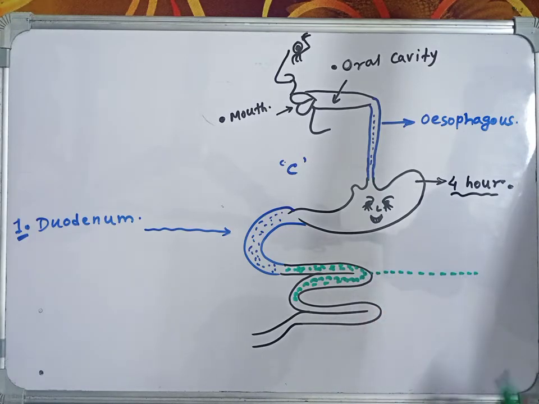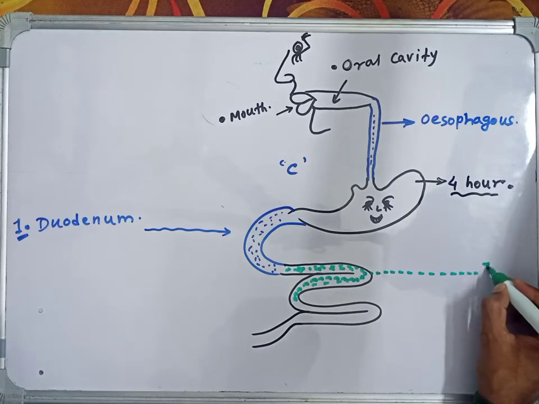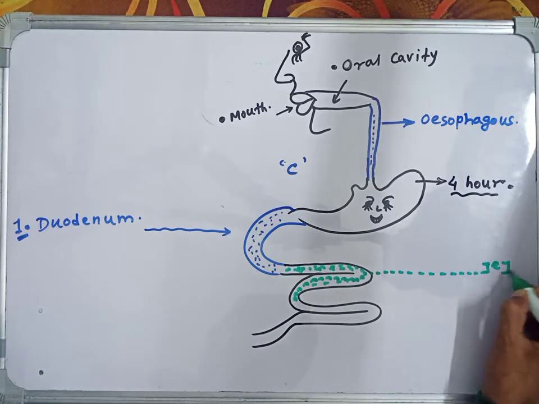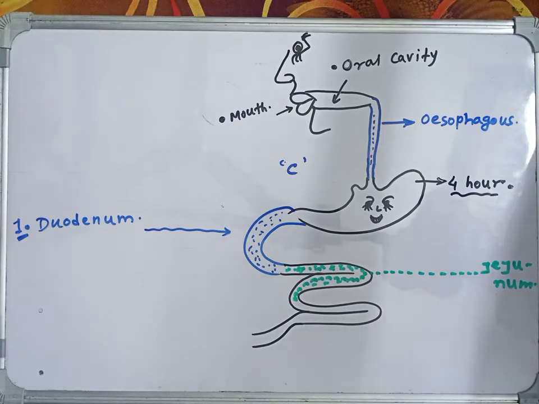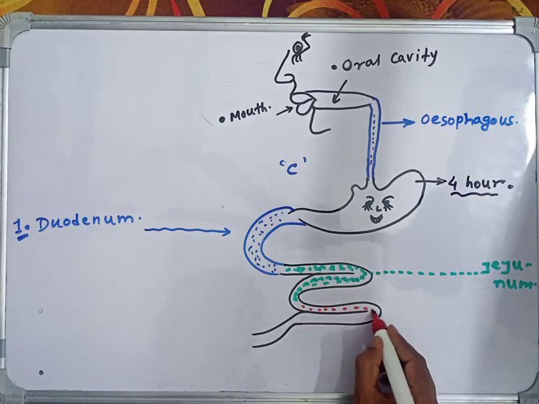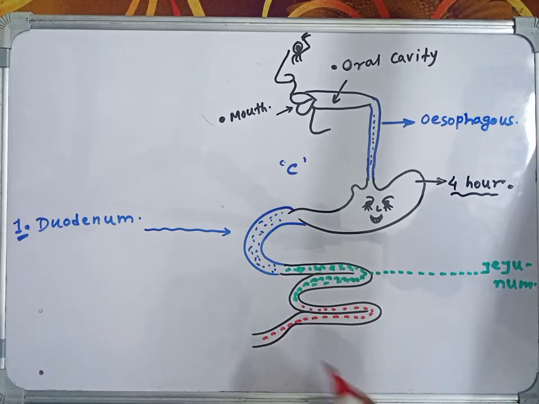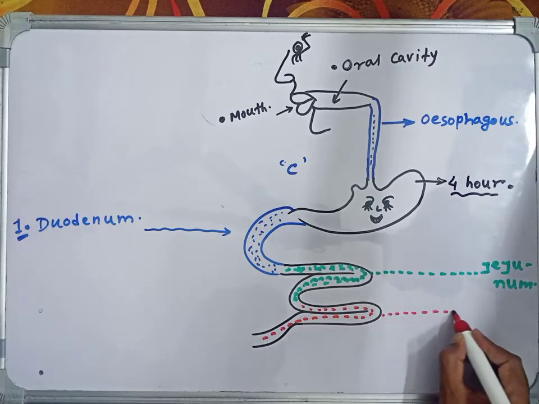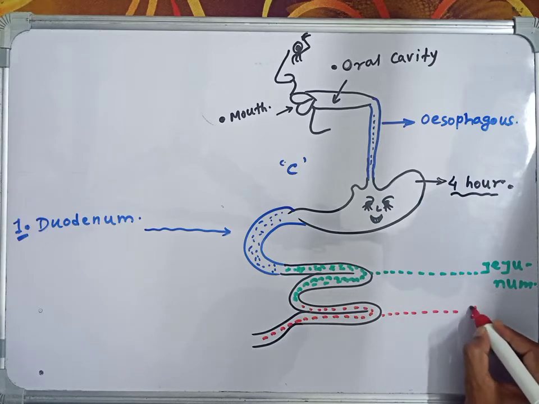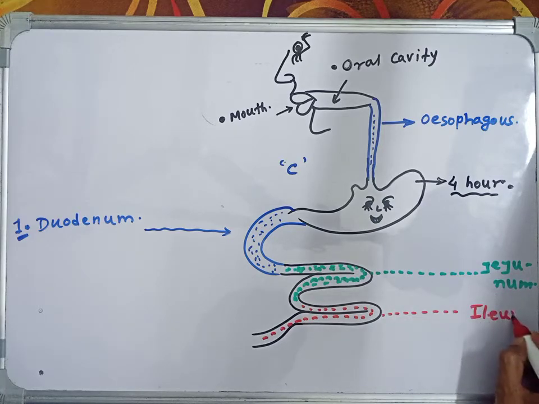This part of our small intestine is called what? Jejunum, right? And the next coil of our intestine is called ileum, right? This part is called ileum.